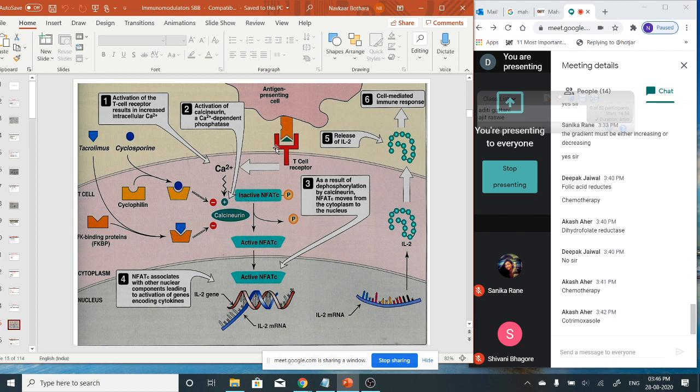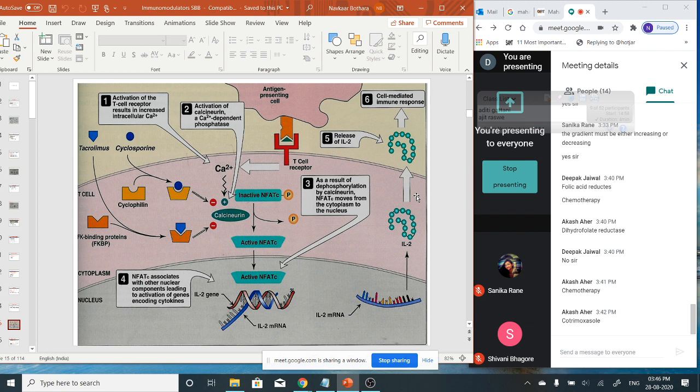This calcium acts on calcineurin, and after acting on calcineurin, the inactive nuclear factor for activation of T cells will be converted into the active form, and this active form will cause expression of the IL-2 gene, that is the interleukin 2 gene, and thus interleukin will be produced.